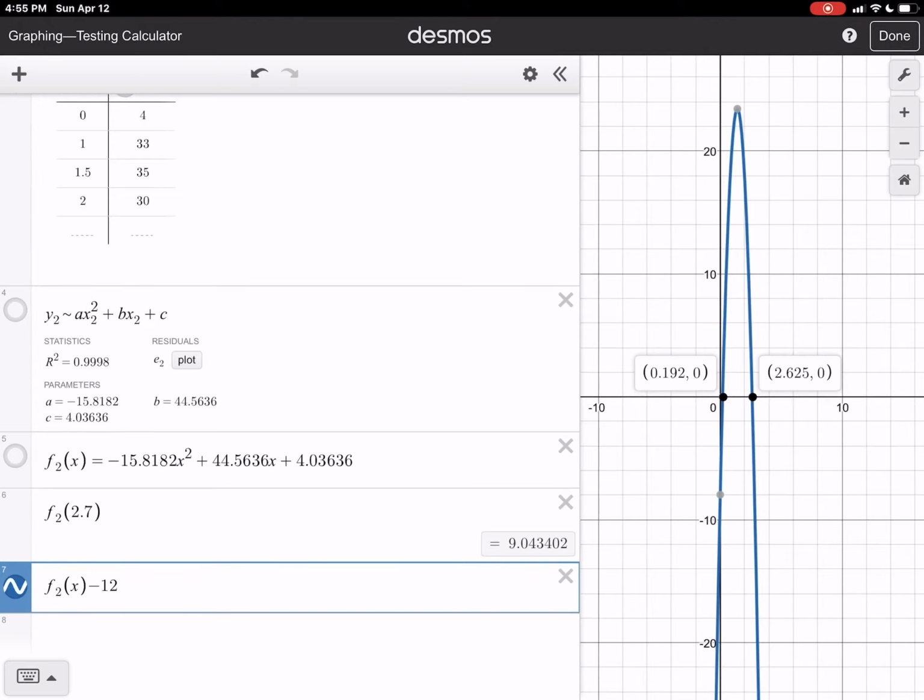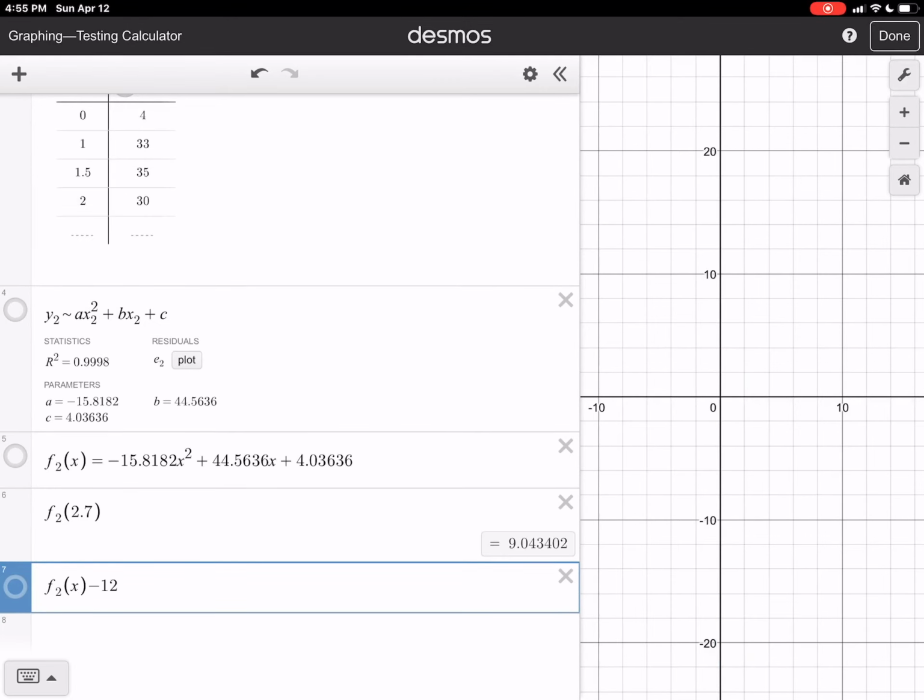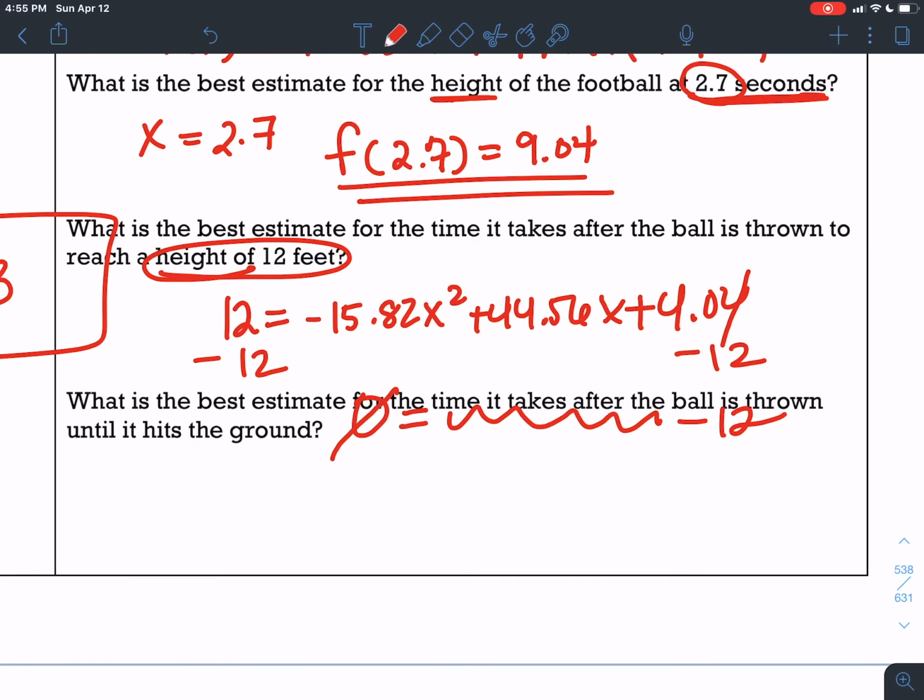So if they tell me that, and I want to plug in a number for y, I just say the equation minus whatever that y value is, and that'll give me my answer. So it's going to be at 0.19 seconds and 2.62 seconds.